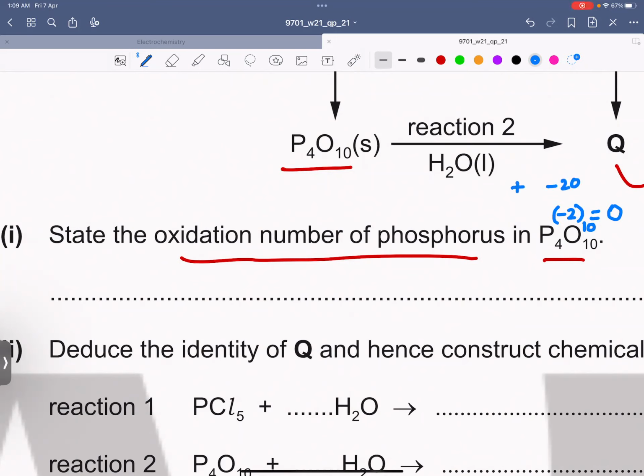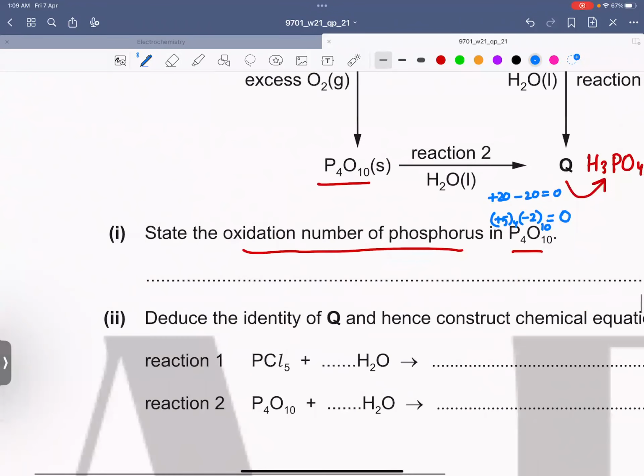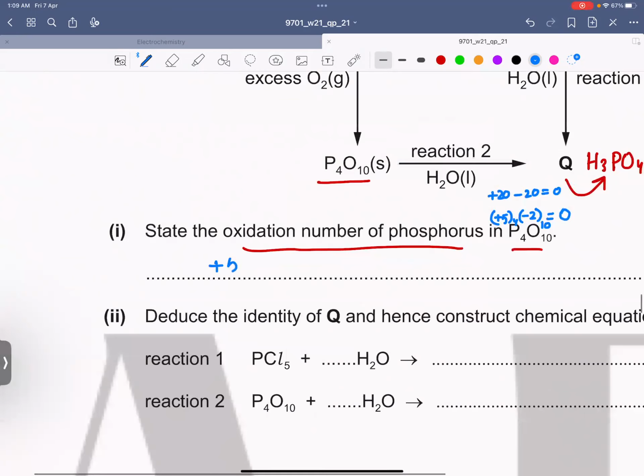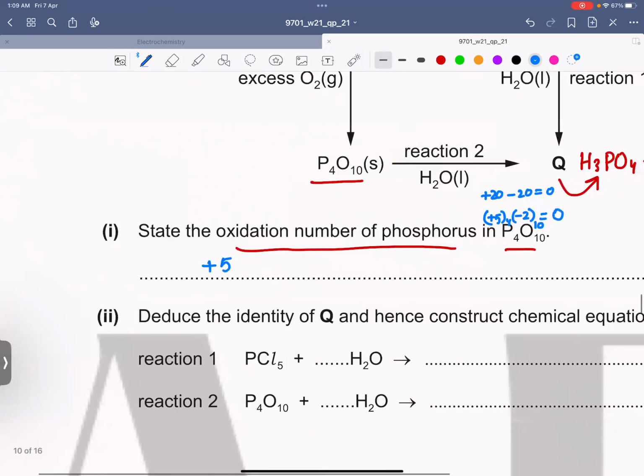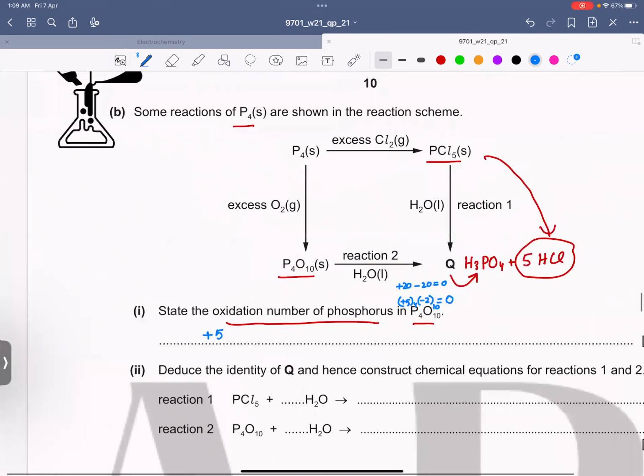So phosphorus must have a +20 to get the charge 0, but there are 4 phosphorus atoms, right? So each phosphorus has a +5 oxidation number. So I will write +5 over here. Is this clear? Yes.